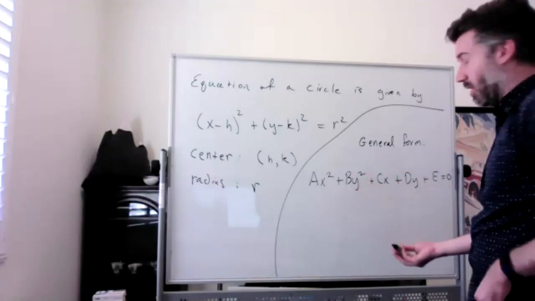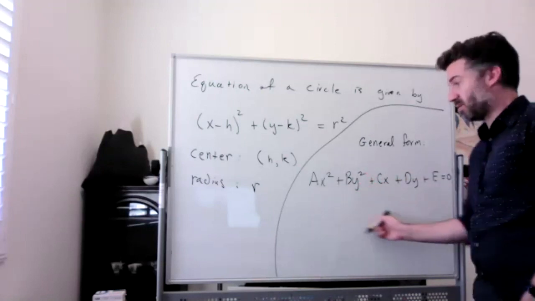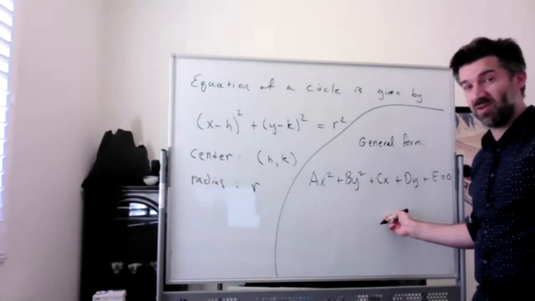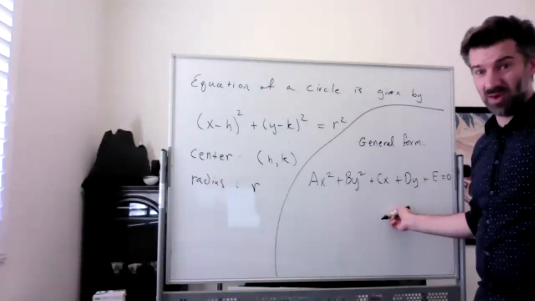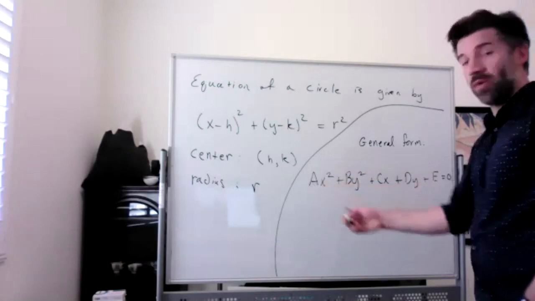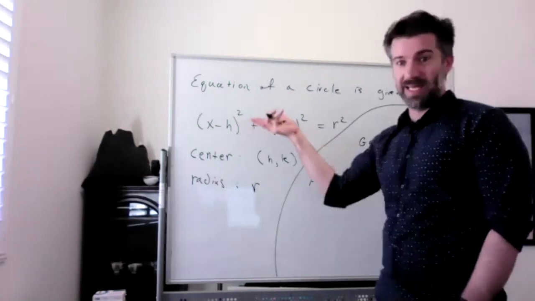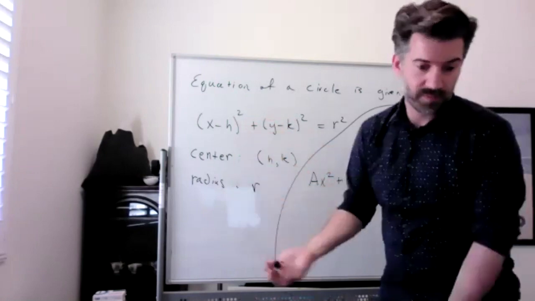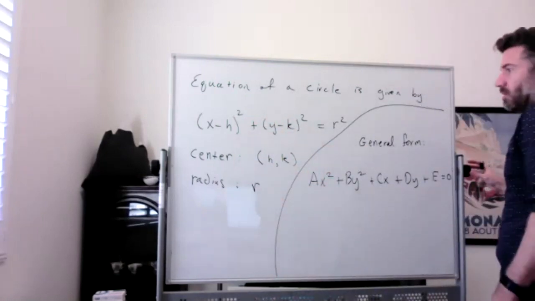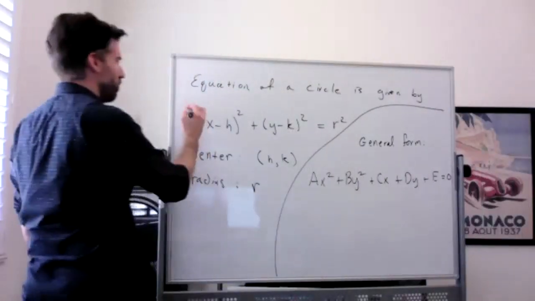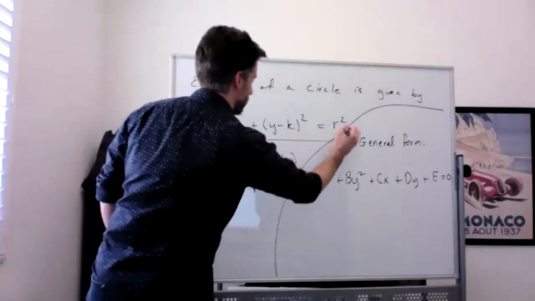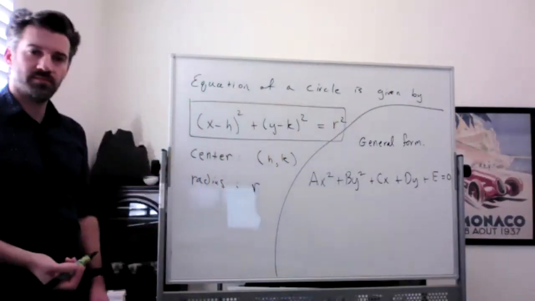There's one little caveat. But this way of writing the equation of a circle really doesn't tell us a whole lot. So we're going to see an equation like this, and we're going to talk about how you can manipulate it so it looks like this and actually tells us something useful. This is how you would prefer to see your circles.